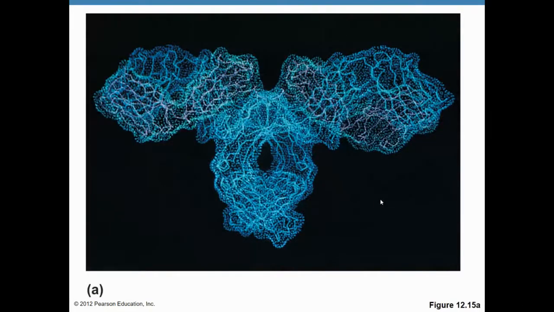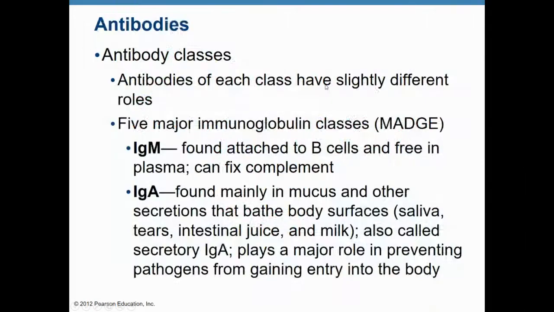So this is some computer graphics that show us the shape of what an antibody looks like. Antibodies usually look like a capital letter T or a capital letter Y, where they have these arms that can grab onto things. Now, there are going to be 5 different classes of antibodies, depending on the genetic makeup of the stem of the letter Y or the letter T, right?